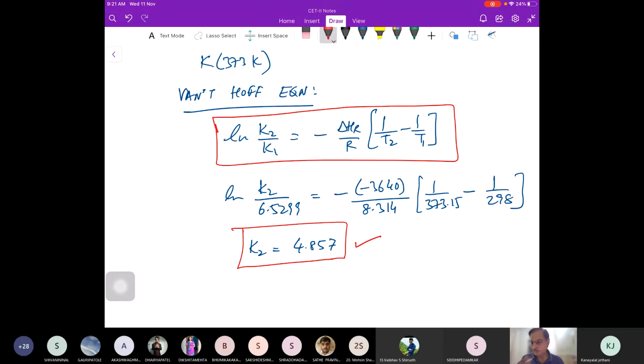And mention it: data is not given for heat of formation and free energy of formation, or K value is not given, and that is why you are assuming this value of K and proceeding further. Did you understand the approach?